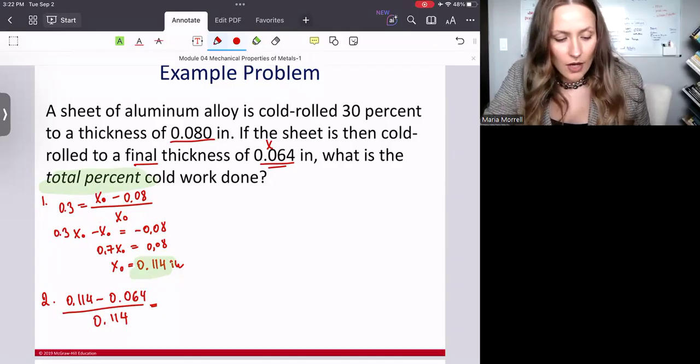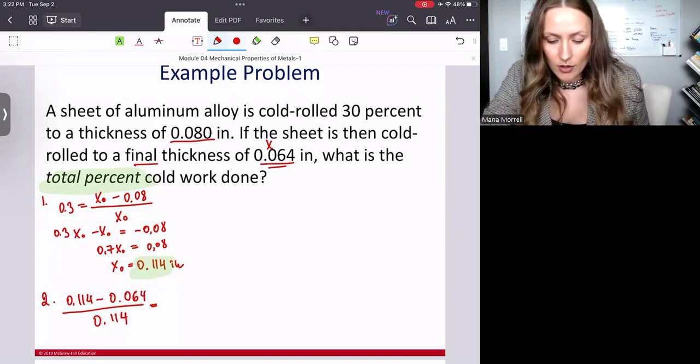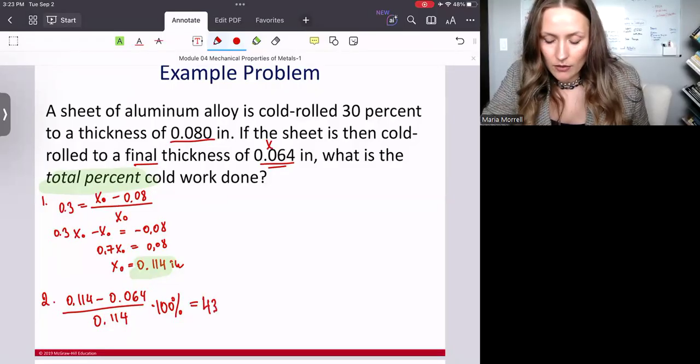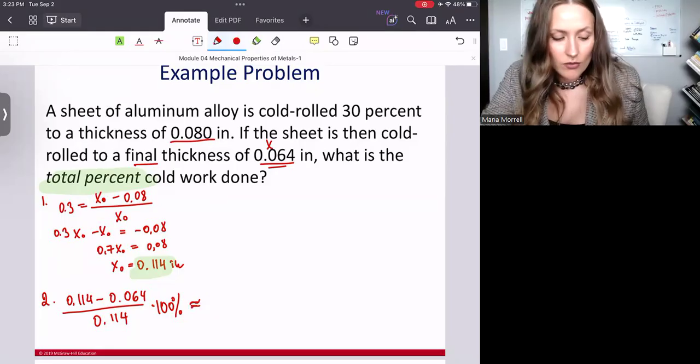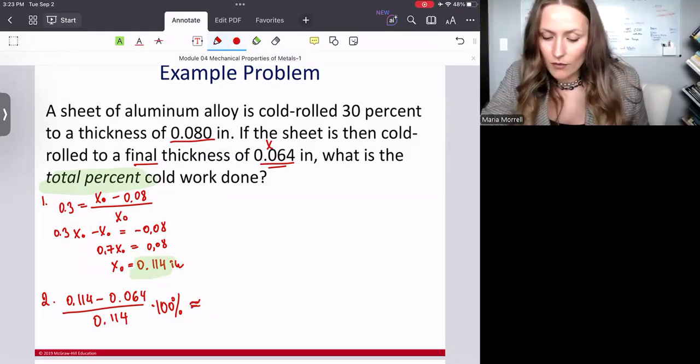Why don't I multiply it by 100% right away? And the answer here is going to be 83.9. Well, 30%, let's just round it up. I'm rounding it up to 44%.